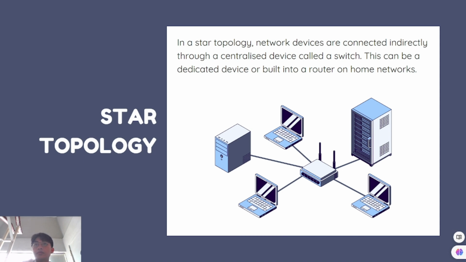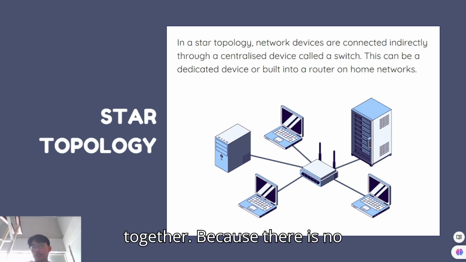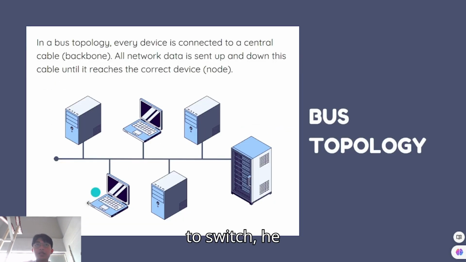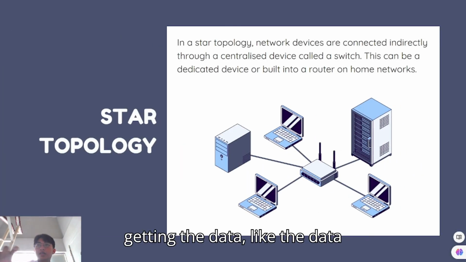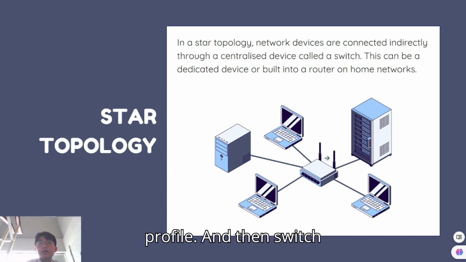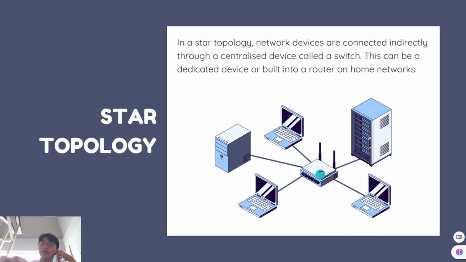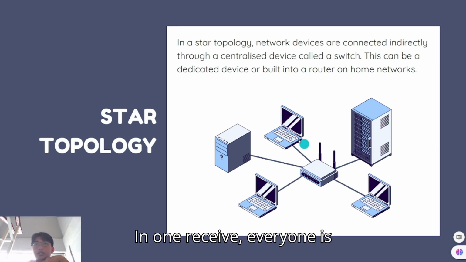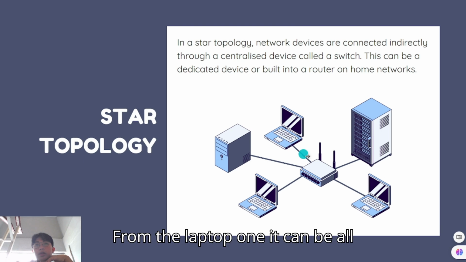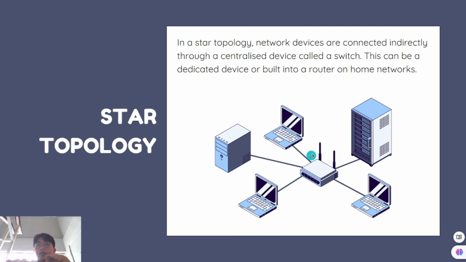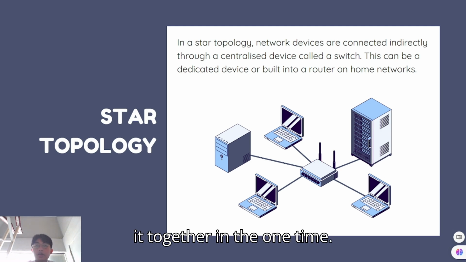In the star topology, devices can send at the same time because of the switch. It manages the traffic; the server just sends or gets the data, and the switch manages each client line. If laptop 1 wants to send a message to laptop 2, they can send messages together at the same time.